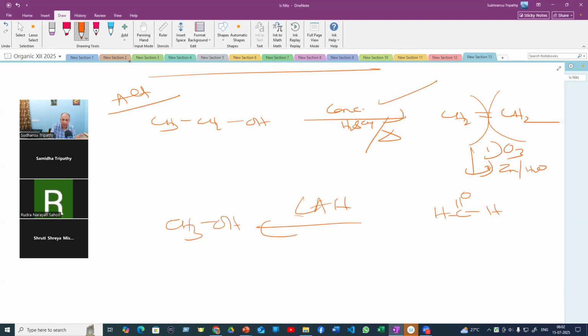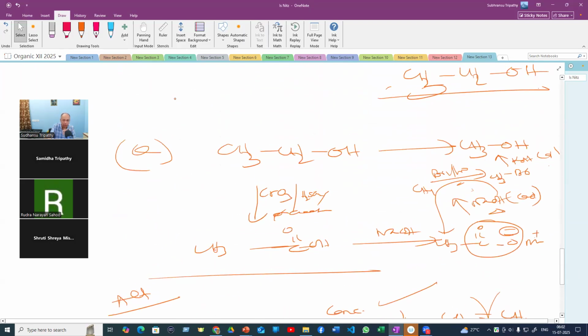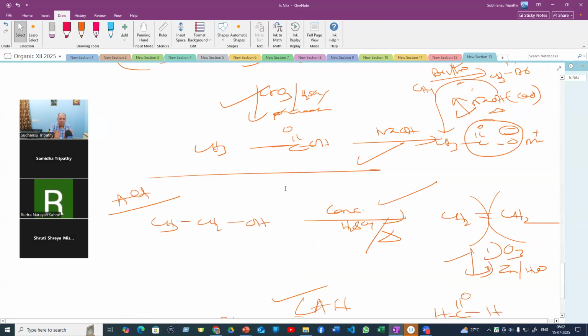How many steps? One, two, three. And here you have how many steps? One, two, three, four, five. So you have to look for the economical conversion process.